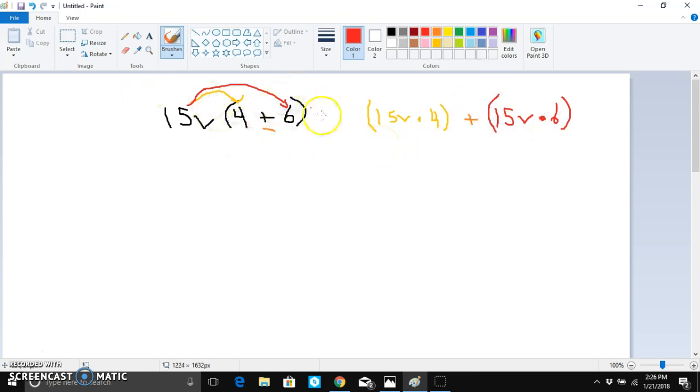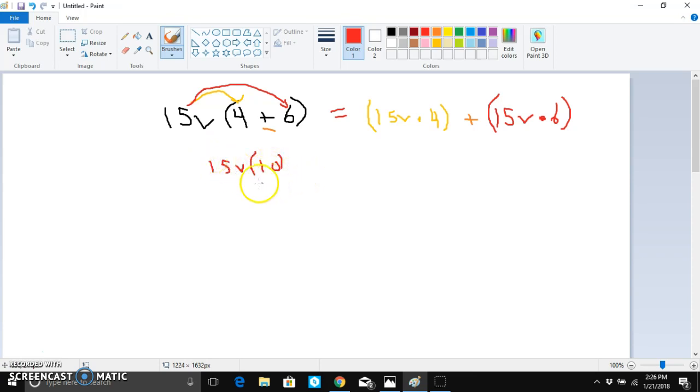Okay, so this math problem here is equal to this math problem over here because of the distributive property. And we have to learn to recognize that this problem can be rewritten as this problem. We can simplify this problem a little bit. We can add 4 with 6 since they're both constants. So this problem would just be 10 inside parentheses and then 15v on the outside.